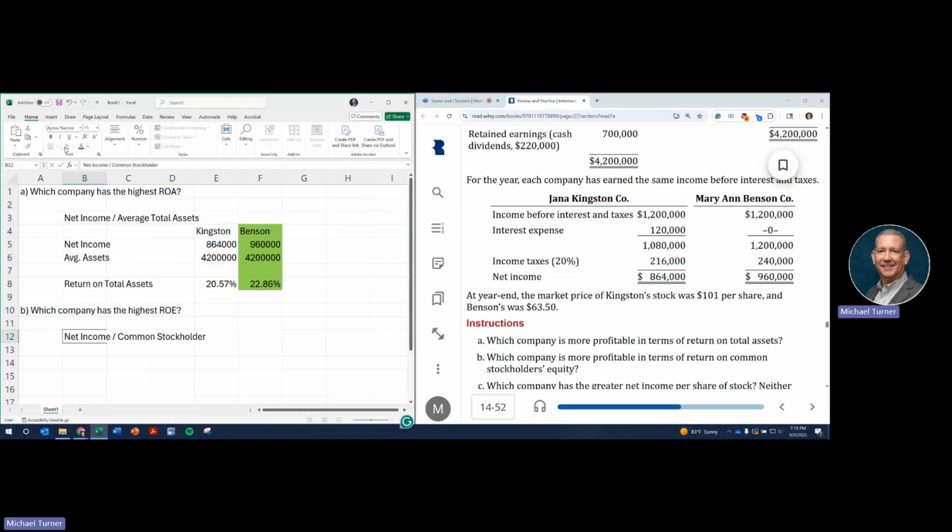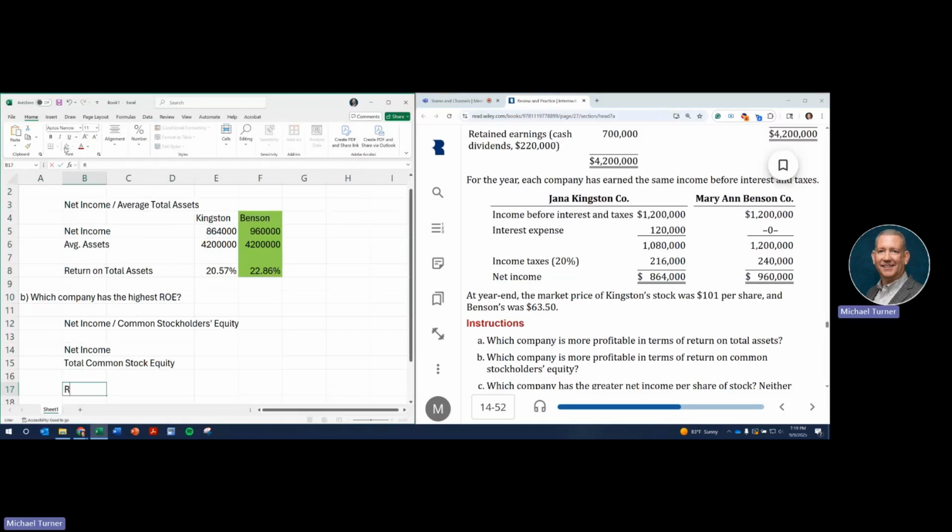That's the only item in our equity, plus retained earnings, but that makes total owner's equity. So we need our net income again, and we're going to need total common stockholders' equity.